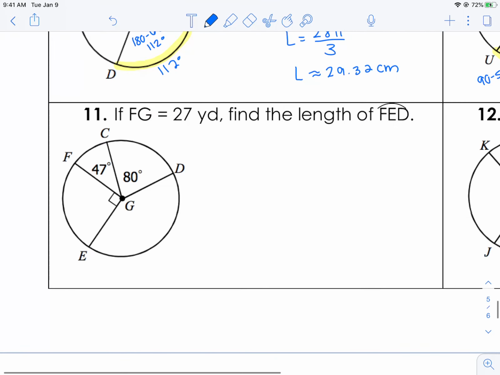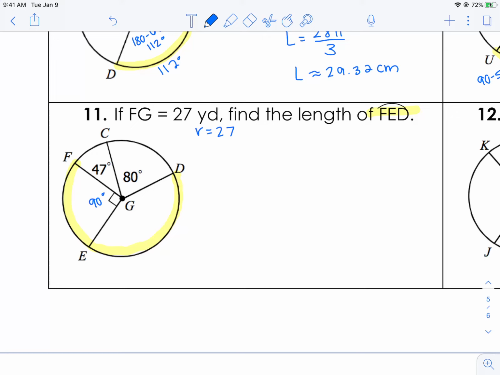Okay, number 11. So FG is 27, that's a radius. Find the length of arc FED. So I start at F, go to E, go to D. Okay, well I know this piece is 90.